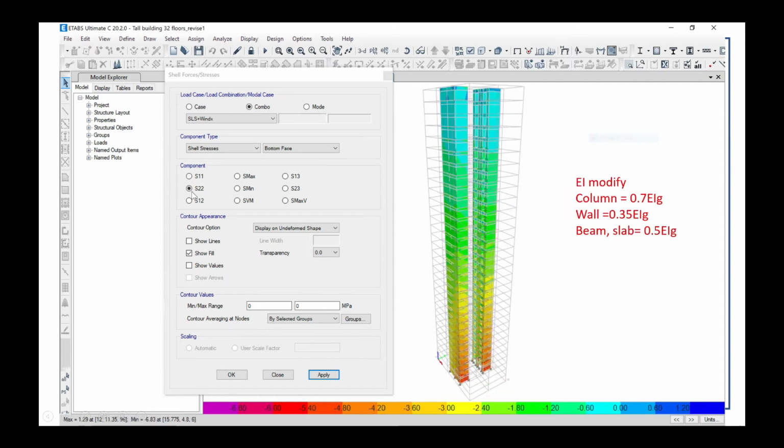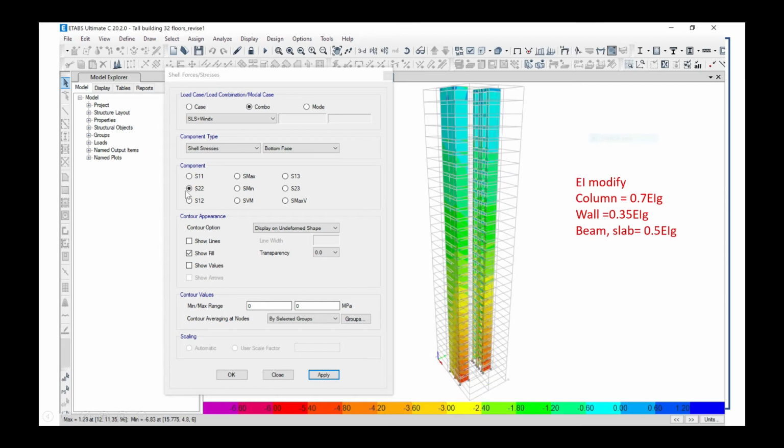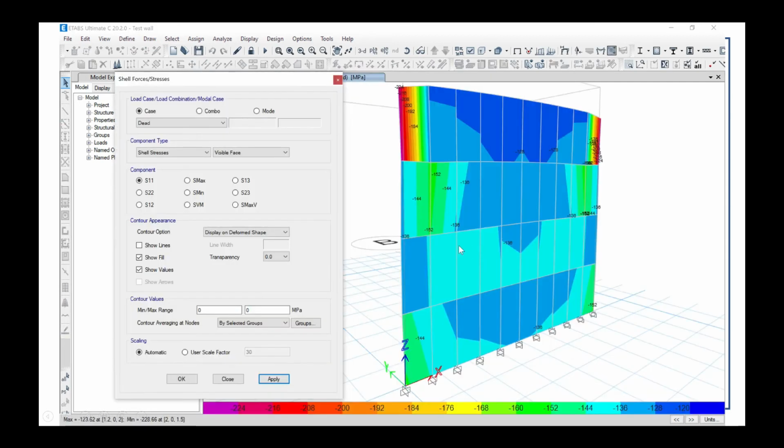The first case we check is S22 and the result. This core wall is an uncracked section. Uncracked section, so you can use the IE for the stiffness, and you can also verify S11, but we focus on S22 for the tensile stress. Now let's check.